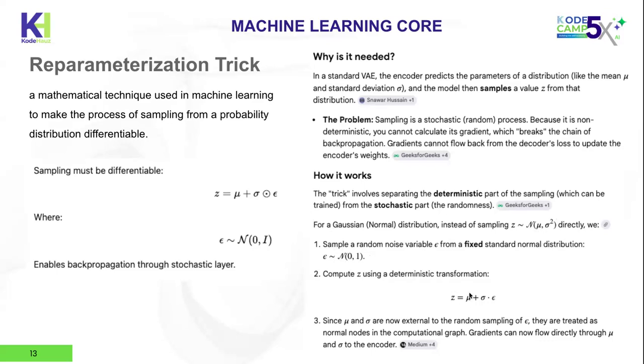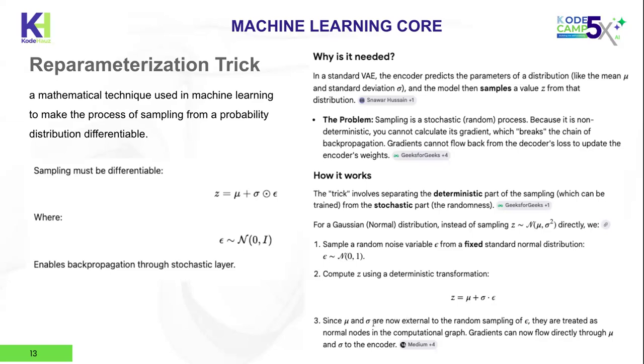That gives you the z. But at least the mu is now differentiable because it's the mean. Even the standard deviation is differentiable. But this epsilon is the noisy part, and we don't need to differentiate it.